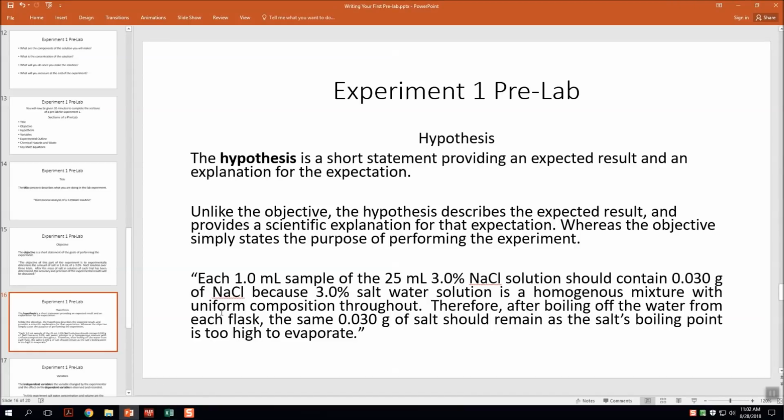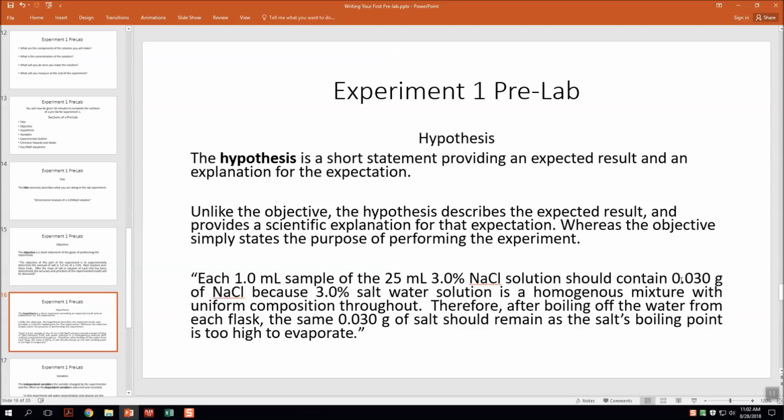Now that we know what to expect, we can write our hypothesis. So the first sentence is, each 1 milliliter sample of the 25 milliliter 3% NaCl solution should contain 0.030 grams of NaCl, because a 3% saltwater solution is a homogeneous mixture with uniform composition throughout. So we have a clear prediction of what we expect to happen. Each milliliter sample should contain 0.03 grams.